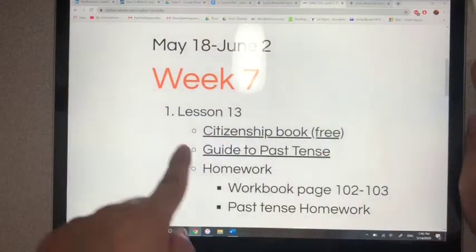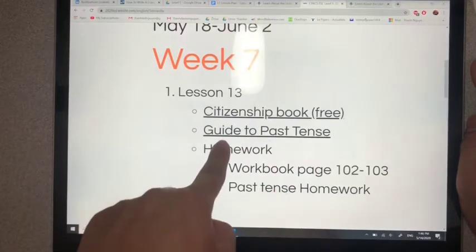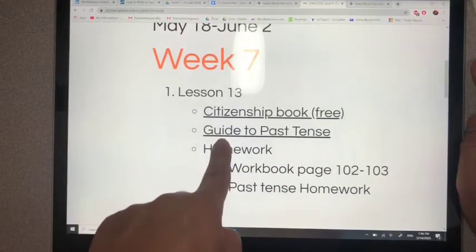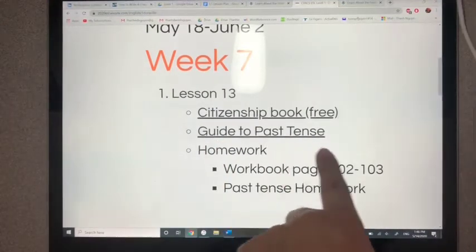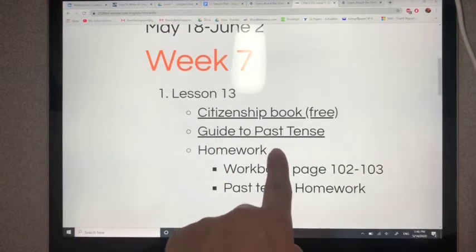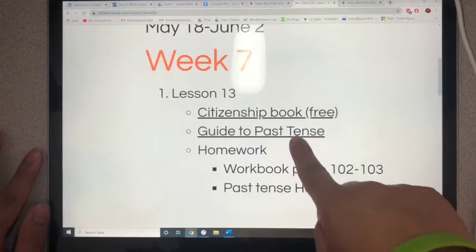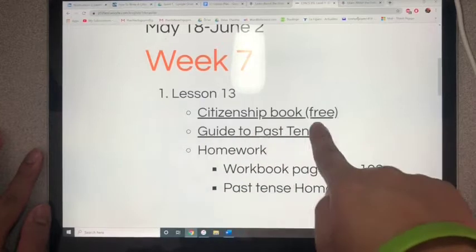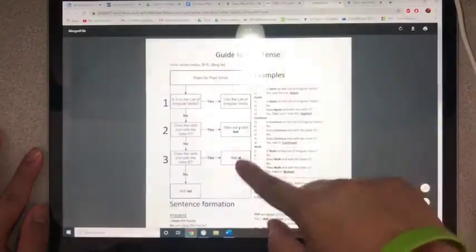Also, here we have the guide to past tense. A guide is something that helps you learn or find something. In Unit 9, we are learning about the past tense. The past tense is difficult, so you need to study this. This document here will help you learn the past tense.